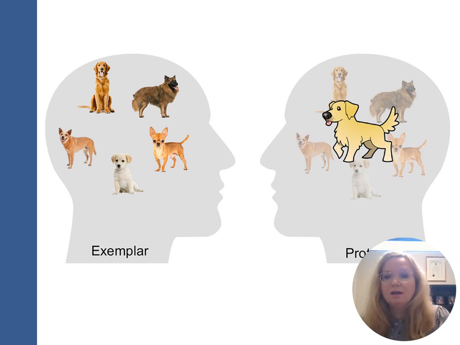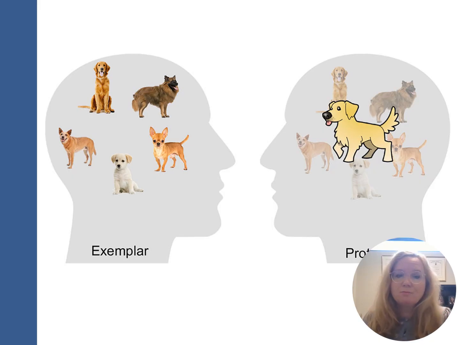So if you saw an unusual looking dog, it might take you a little longer to identify that dog than a typical dog that looks closer to your prototype. Likewise, if you had a cat, you wouldn't recognize it as a dog because it has some characteristics that are not part of your prototype.